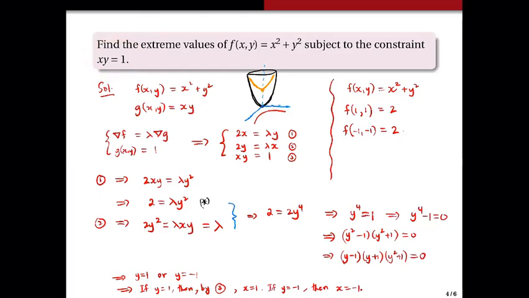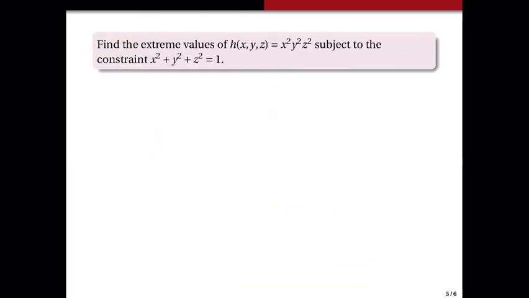Okay. So let's have the last example that I have in here. Find the extreme values of h of x, y, z. I think this one, I got a typo in this part. Should be x squared plus y squared plus z squared.